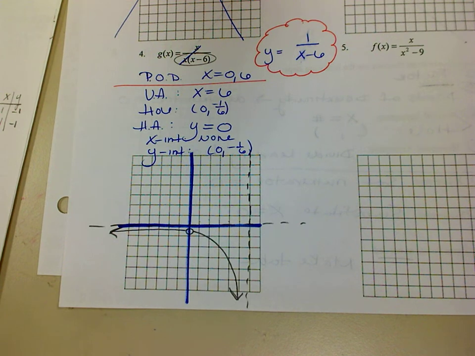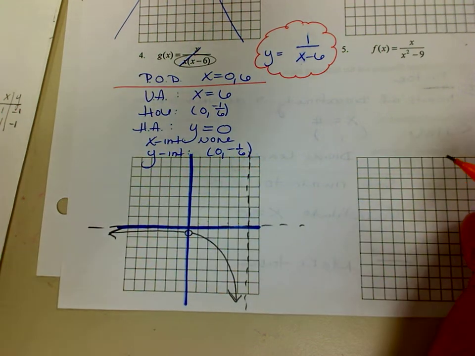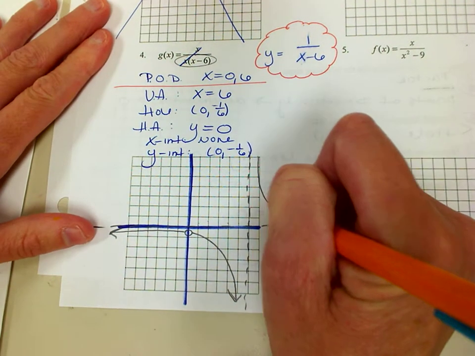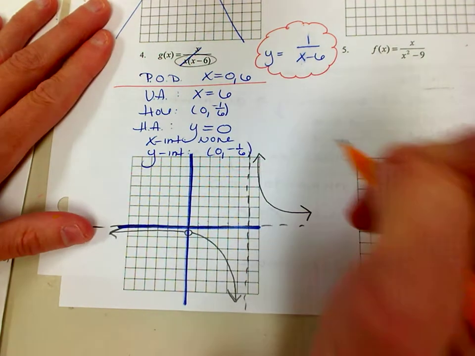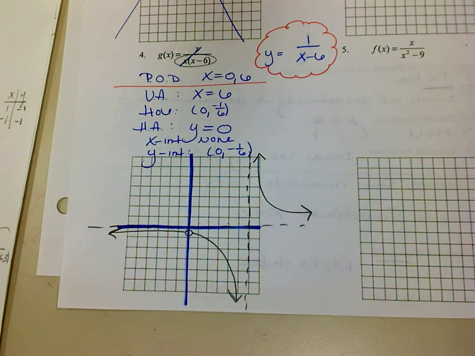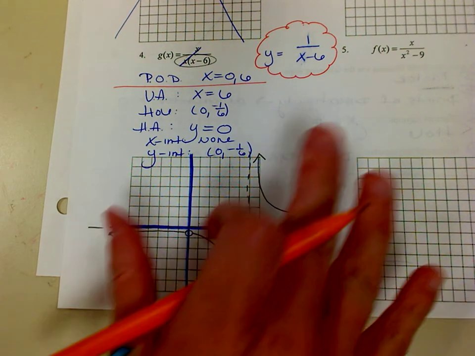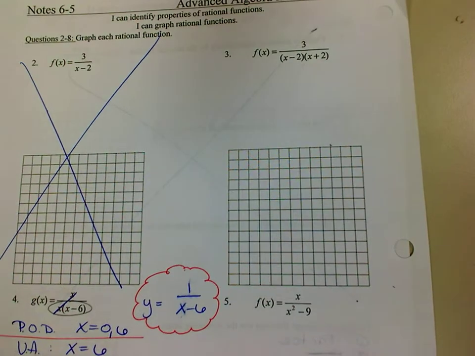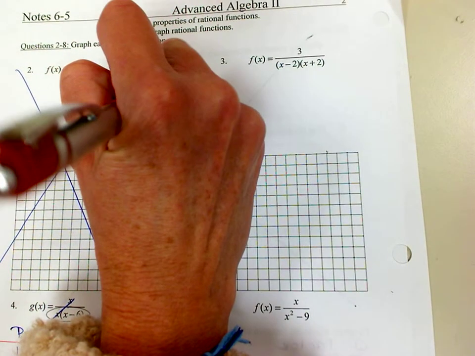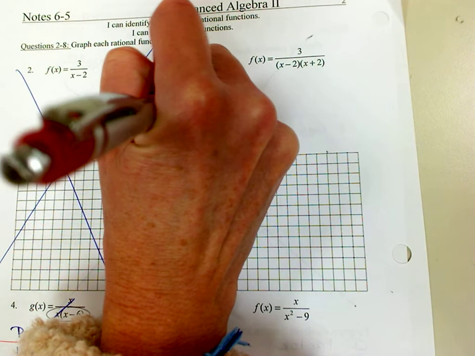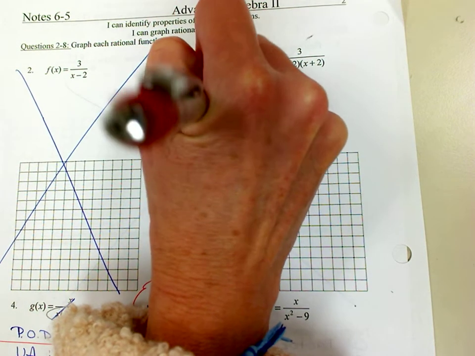Okay, now, since I have something in the bottom left, I'm going to have something in the top right, and all you have to do is sketch it. So if you have one vertical asymptote, you are going to end up with a butterfly. We should probably write that down somewhere, maybe up here. So if you have one vertical asymptote, your overall graph is going to be a butterfly.